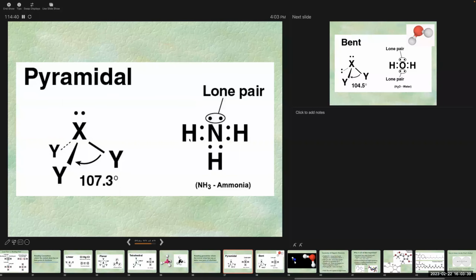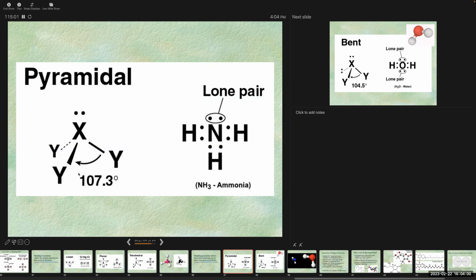So what happens in this molecule is that the 3 hydrogens down here, those 3 bonding pairs of electrons, are going to try to get far away from one another. But that lone pair is going to behave almost as if it was a 4th atom bonded to the central nitrogen.